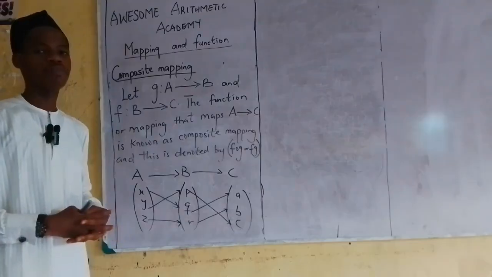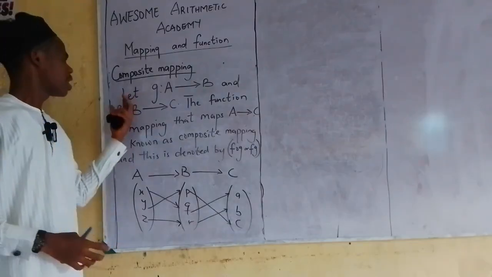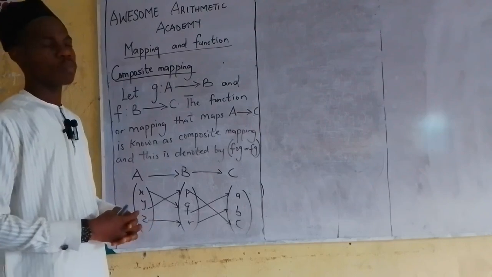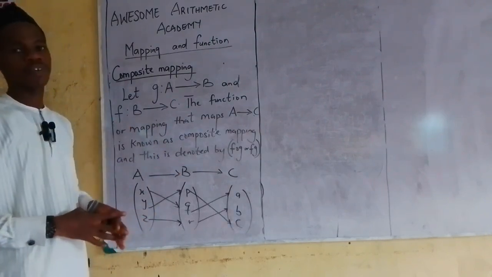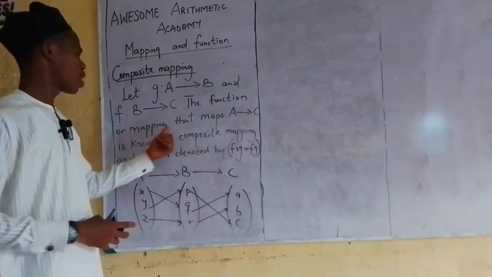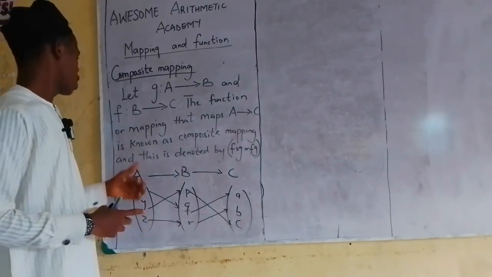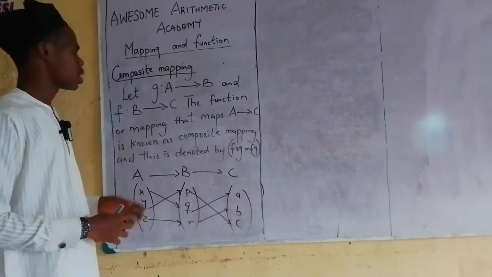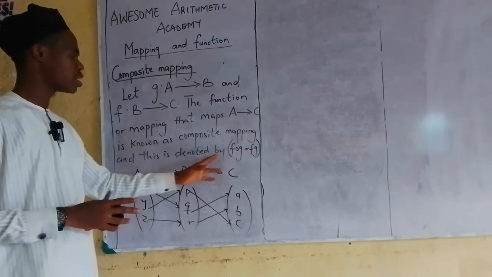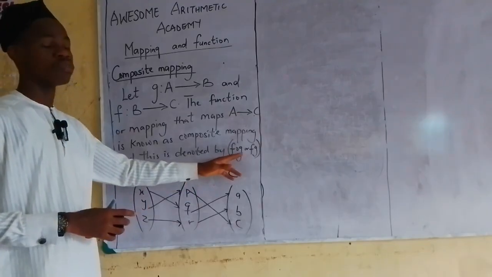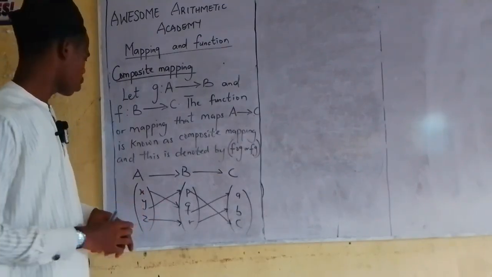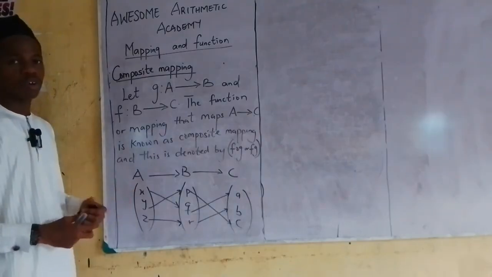When we have composite mapping, we say let g be a function which maps set A to set B, and f is another function that maps set B to C. The function or mapping that maps A straight to C is known as the composite mapping, and it is denoted by f of g this way, or you write it fg like this. Either way you write it is okay. So look at this illustration given to us here.